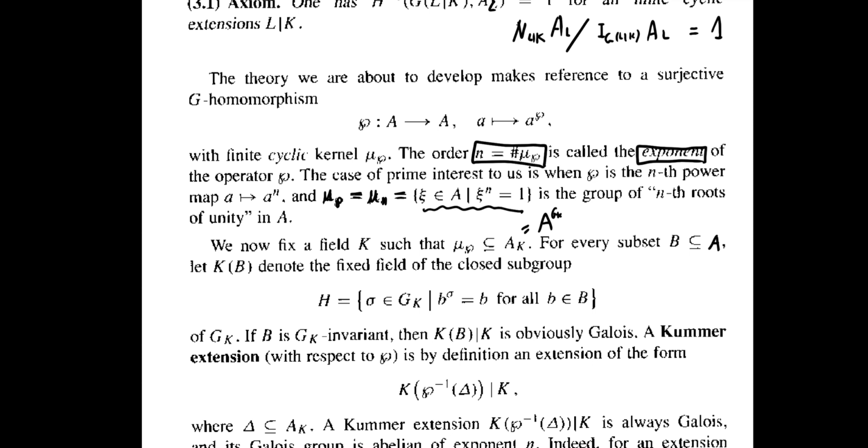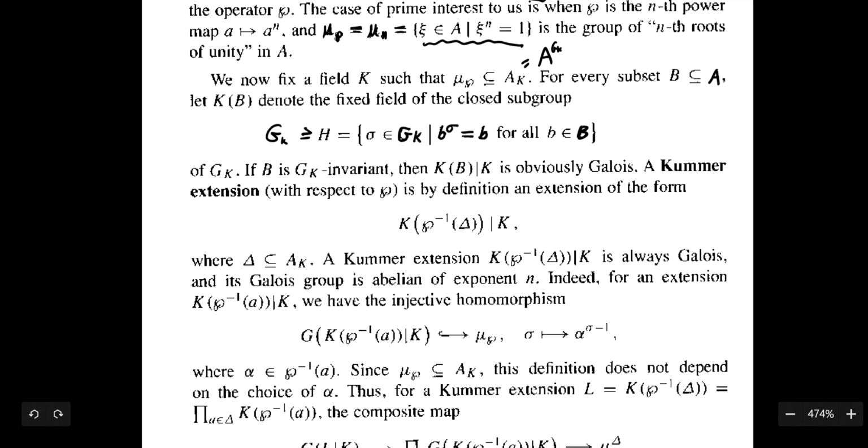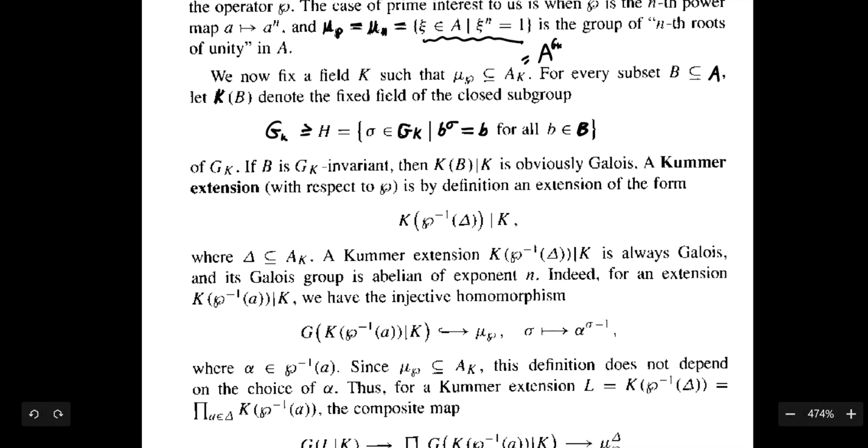The definition of this closed subfield is clear. So for B a subset, we collect all those elements of GK, so this is a subgroup of GK, such that it fixes all the elements of B. And we denote this KB.